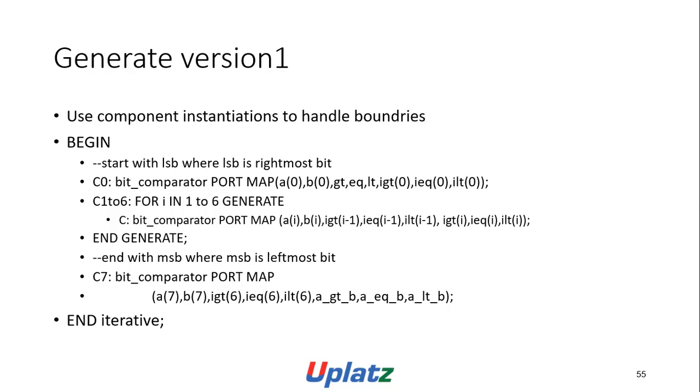End with MSB, where MSB is the most significant bit, C7 bit comparator port map A7, B7, IGT 6, IEQ 6, ILT 6, A greater than B, A equal to B, A less than B, and iterative.